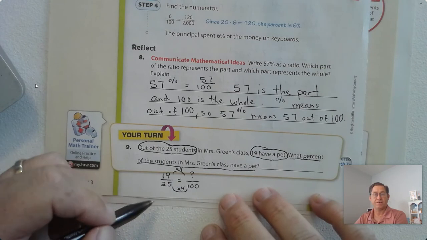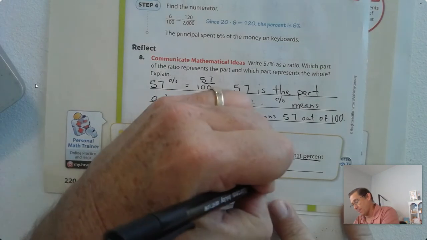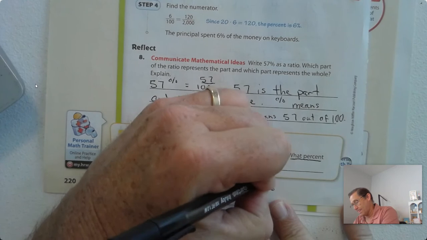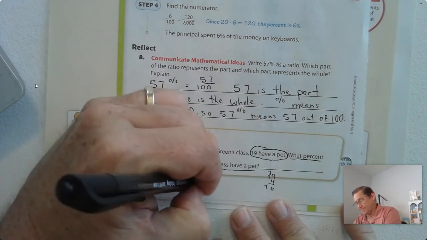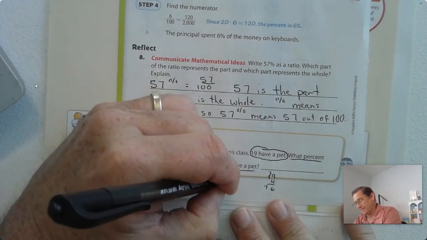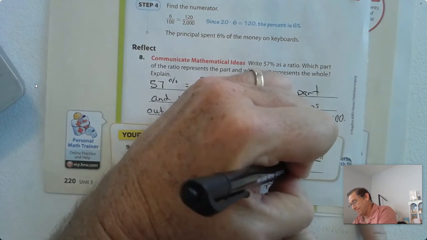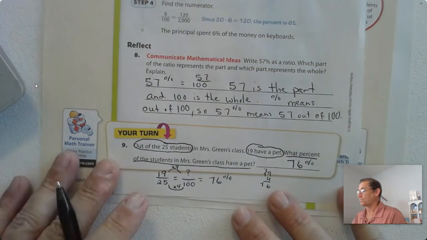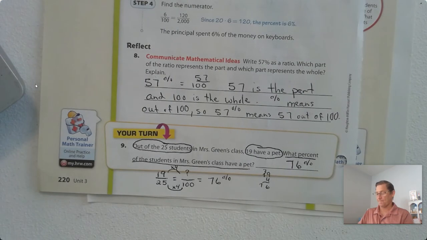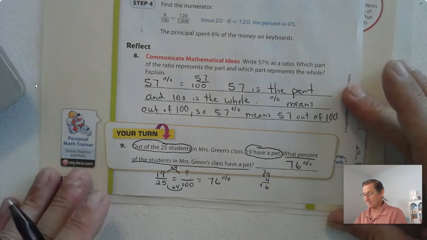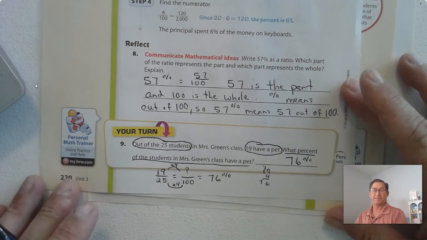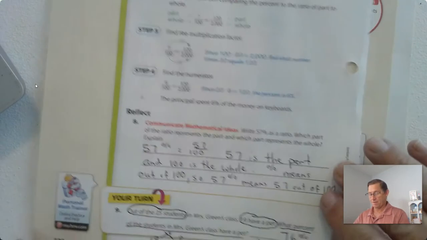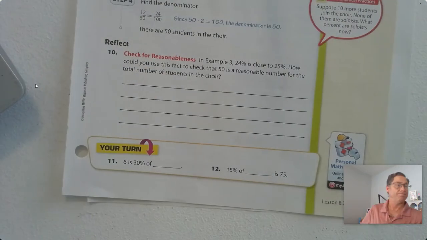There's 4 25s in 100, so 19 times 4. So we'd get 76%. 76% of the students in Mrs. Green's class have a pet. All right, let's go to page 221.